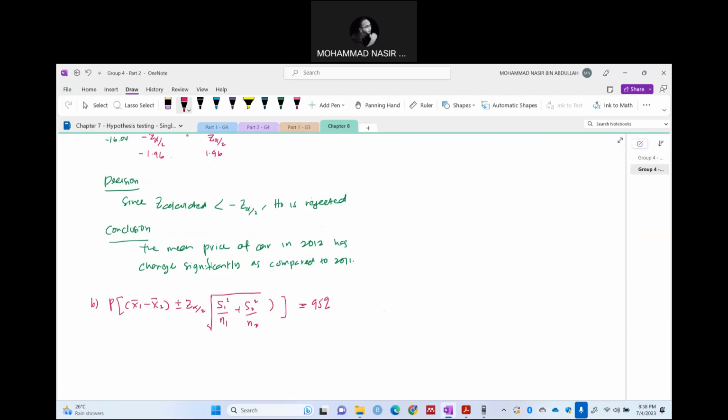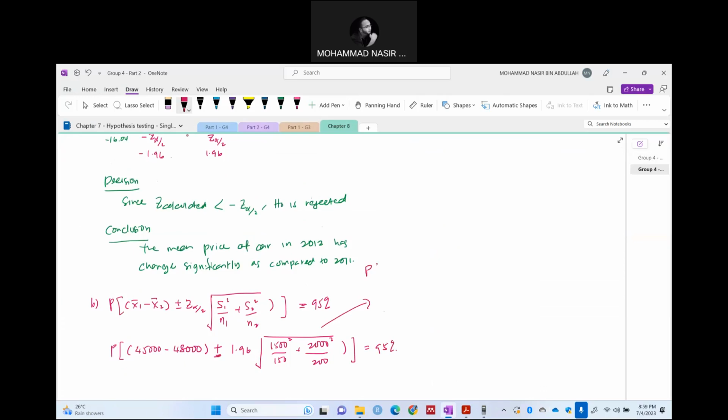So you just plug the values into the formula. The probability of x bar 1 minus x bar 2, which is 45,000 minus 48,000, plus or minus 1.96 times the square root of 1500 squared over 150 plus 2000 squared over 200. So this one is actually the same as yesterday. I just compressed it into one line.